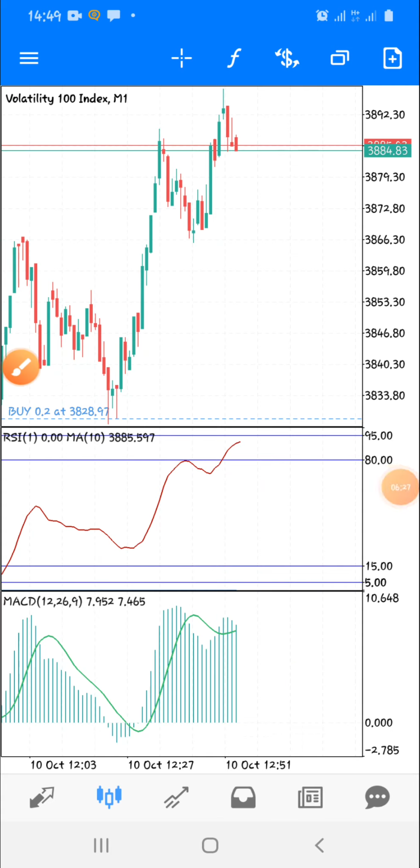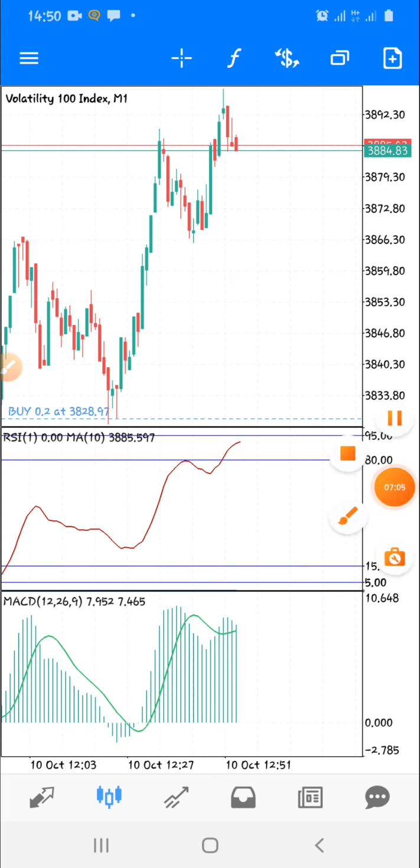So the reason behind using the MACD line is that the MACD line is not a lagging indicator, it is a leading indicator. The lagging indicators usually tell you after the market has been moving for some time, but the MACD line is able to detect the movement of the market before the market has moved even further.